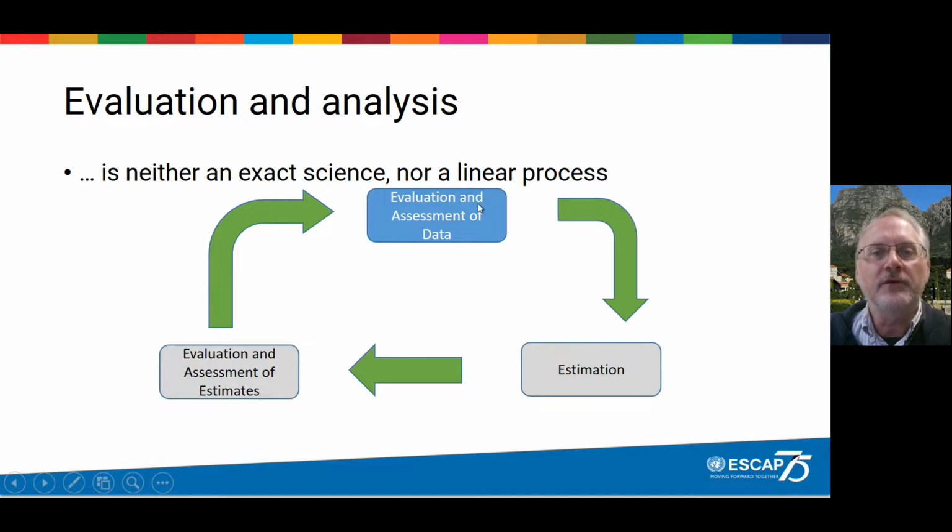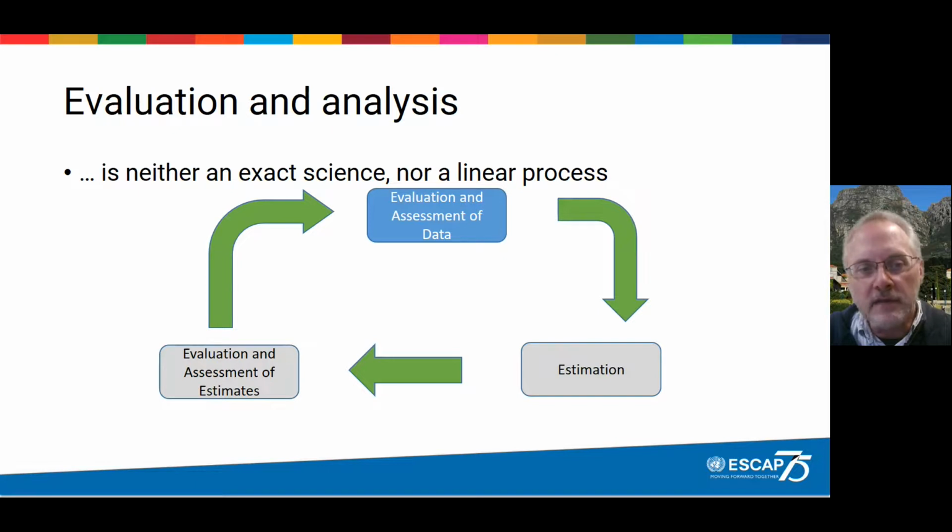What we would tend to do is start off by evaluating and assessing our data. We would then draw some estimates from those data. Having done the estimation, we would then look at the estimates which we have derived and evaluate those for their reasonability.